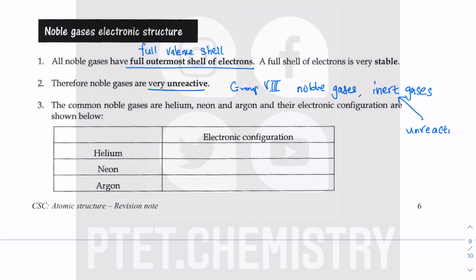So noble gases are unreactive because they have a fully filled valence shell, or a fully filled outermost shell. Helium, be very careful, has only 2 valence electrons, but the first electron shell is filled. So the electron configuration of helium is just 2, neon is 2,8, argon is 2,8,8.